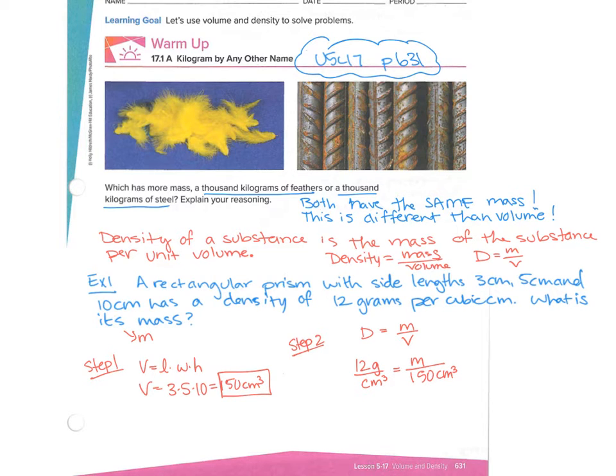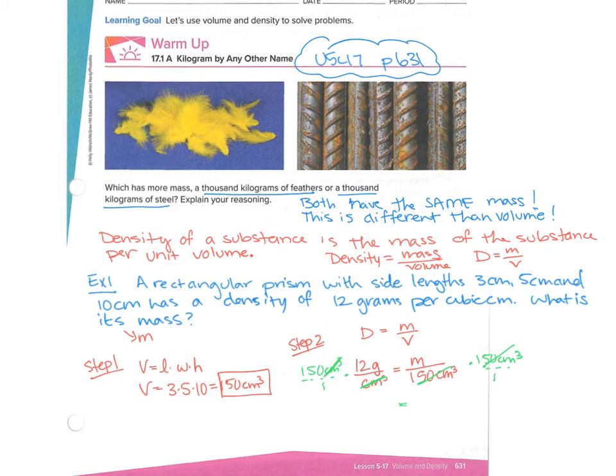So to solve for mass, I need to undo it being divided by volume. So I'm going to multiply both sides by 150 centimeters cubed. This is in the numerator, if you will. So it cancels my denominator on the right side. And my centimeters cubed just canceled on my left side.